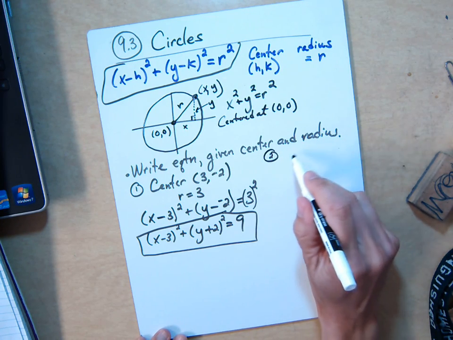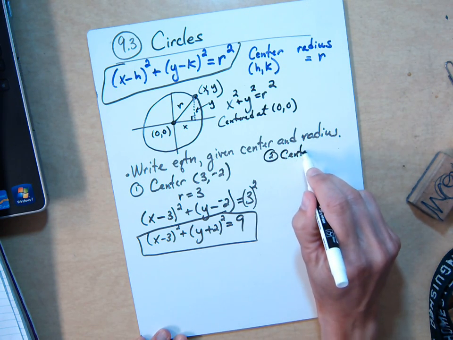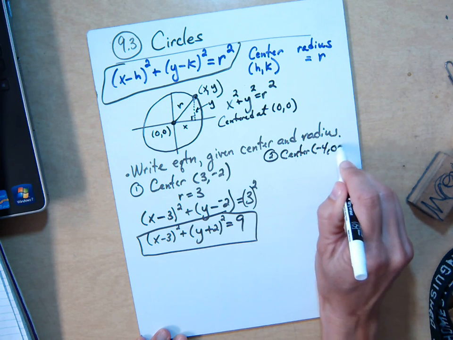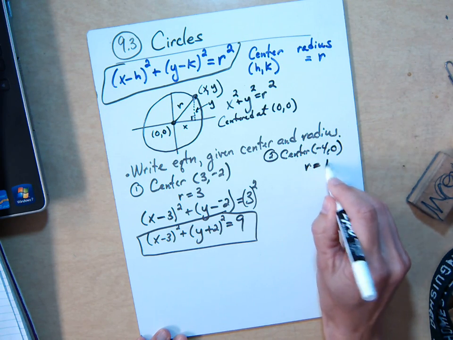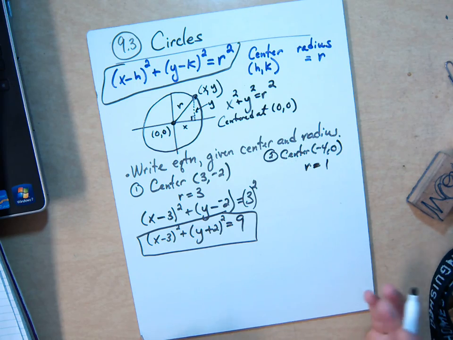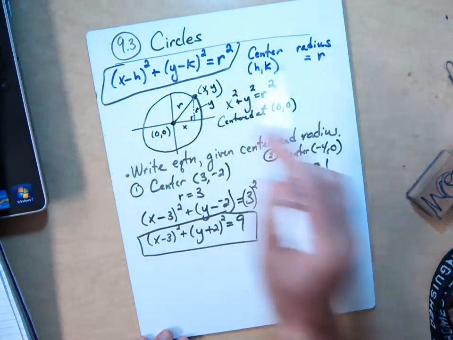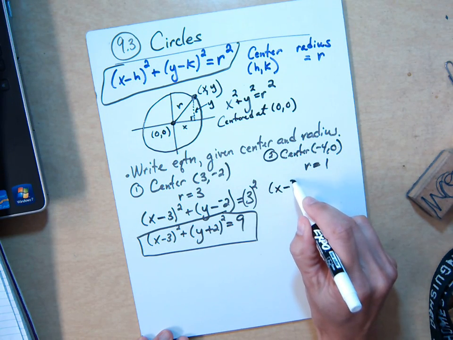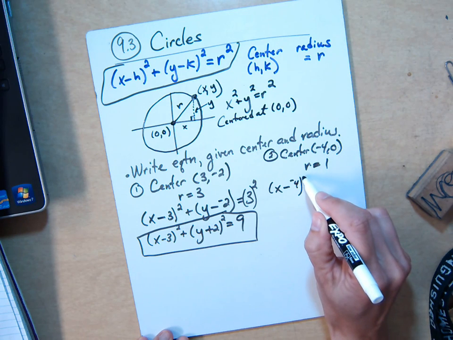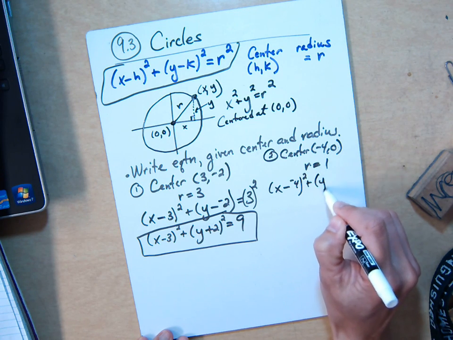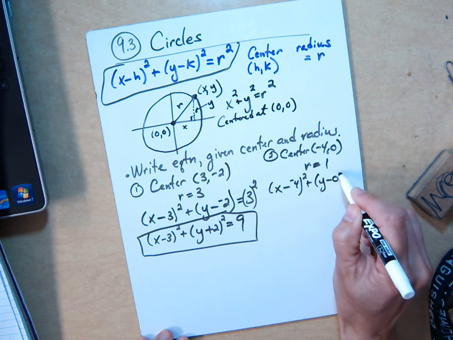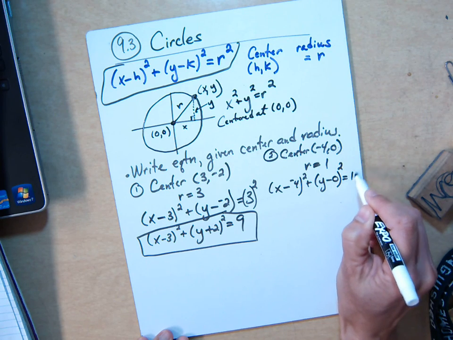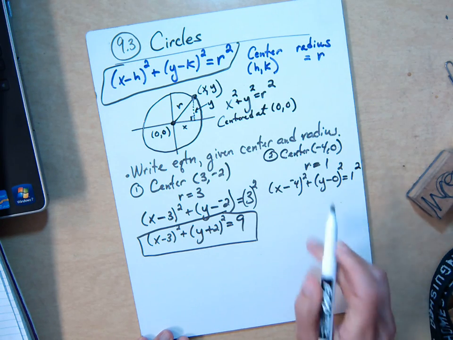So let's try another one. If I tell you the center is at (-4, 0) and the radius of a circle is 1, and I ask what's the equation of the circle, you would use this form: x minus -4, the x coordinate of the center, squared, plus y minus the y coordinate squared equals r squared, 1 squared.